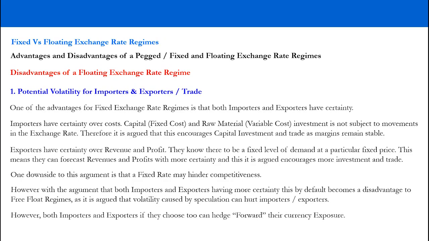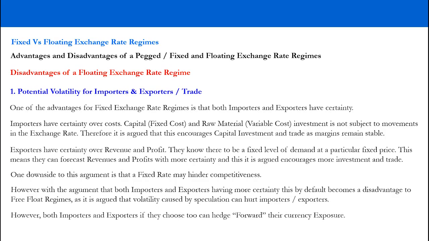So an importer that, for example, brings in an input from another country into their manufacturing process. It's argued that under a fixed regime, these importers' investments are not subject to movements in the exchange rates. Therefore, it's argued that this encourages more capital investment and trade as margins remain stable. So margins are very predictable.